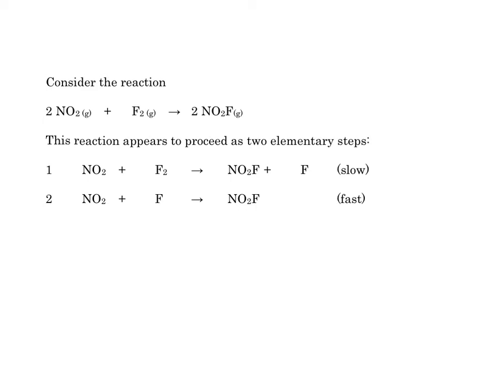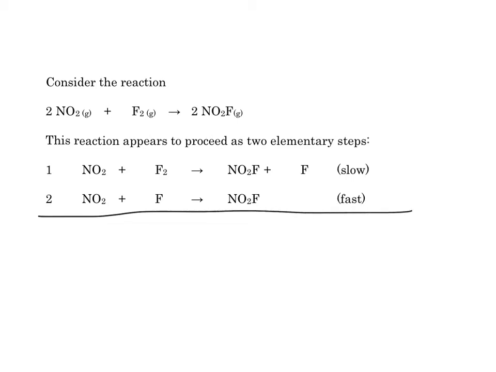So do we have any species here that do not belong in our overall? We have NO2, F2, NO2F, and F. This F is a reaction intermediate. It's a product in step 1, used up in step 2, and does not appear in the overall equation. So what you do when you have a reaction mechanism like this is you add it up like we did with Hess's law.